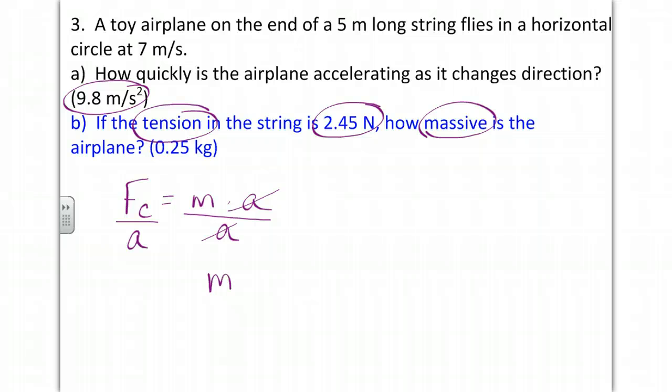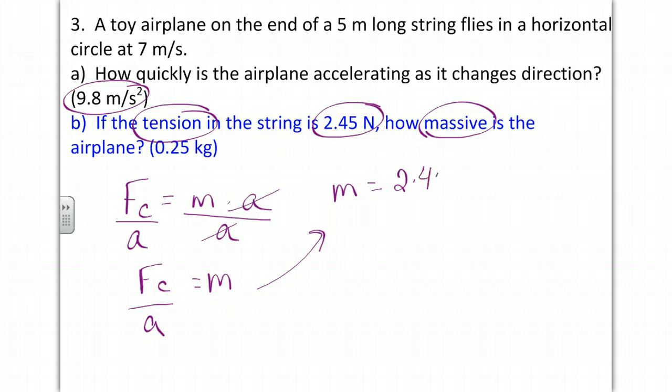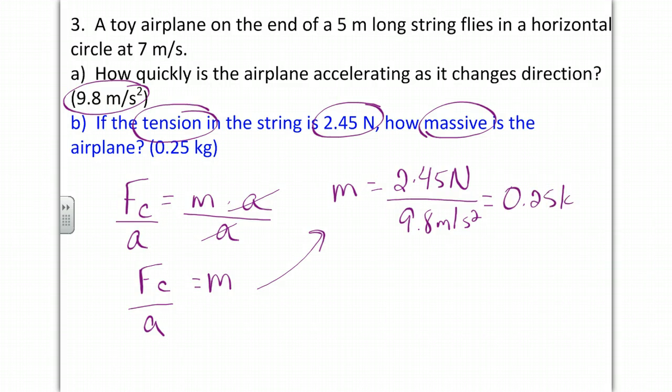So mass equals the centripetal force divided by the acceleration. And so we'll do this over here. Mass equals 2.45 newtons divided by 9.8 meters per second squared gets us 0.25 kilograms.